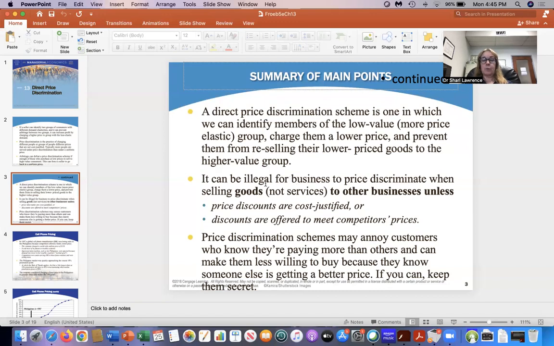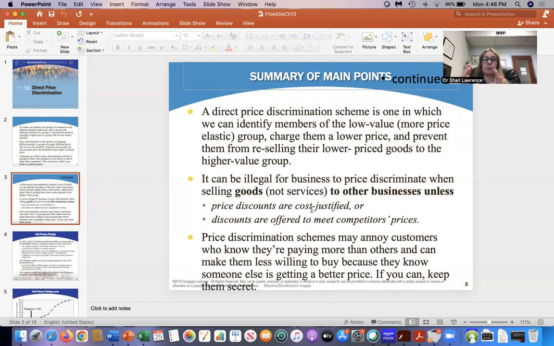All right, and then in this chapter, we also talk about how it's illegal for businesses to price discriminate against other businesses. In other words, Procter & Gamble cannot charge a different price to, say, Walgreens versus Costco.